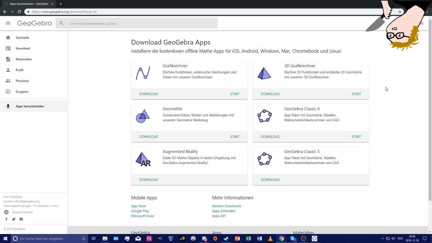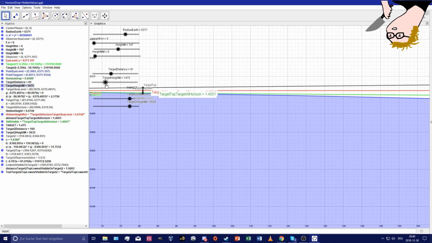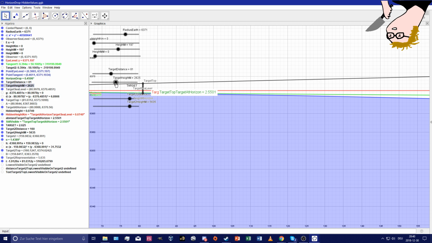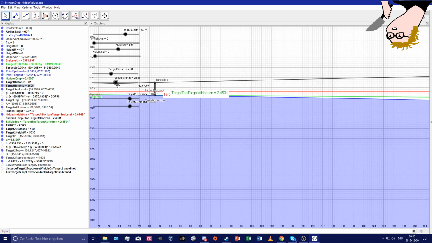Let's look this up. Mount St. Helens, that one is 2,539 meters.